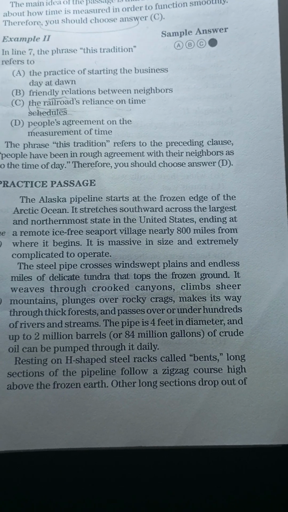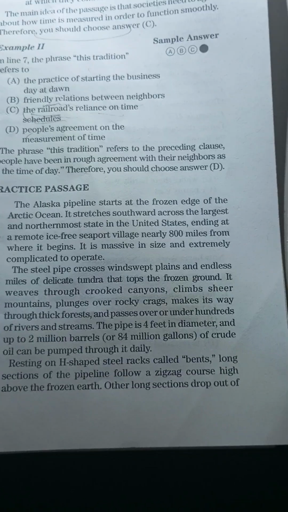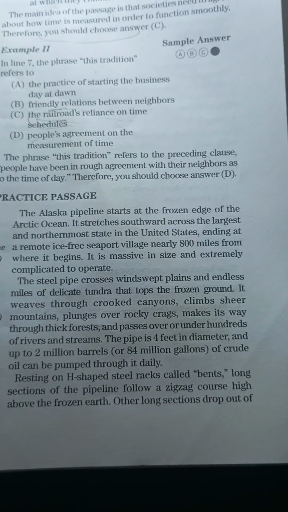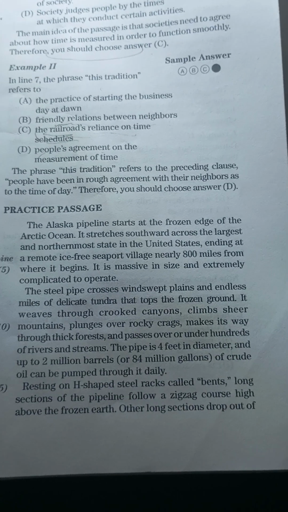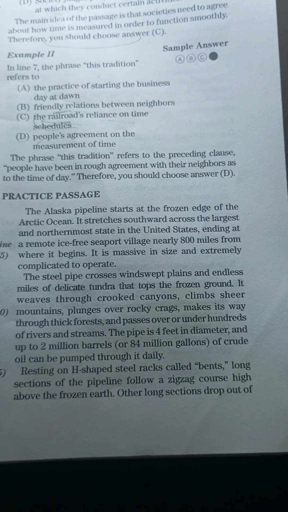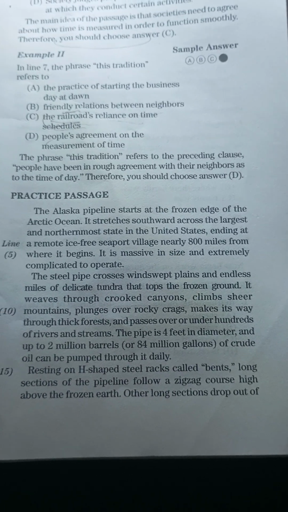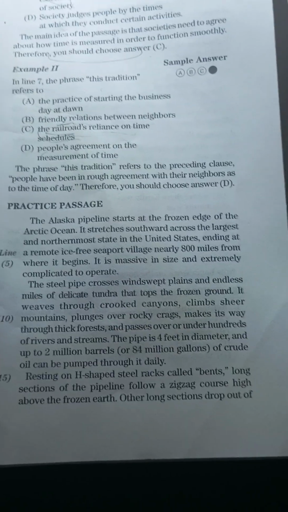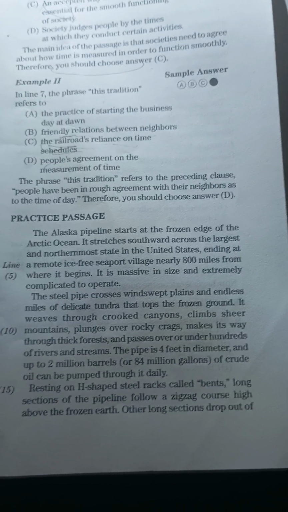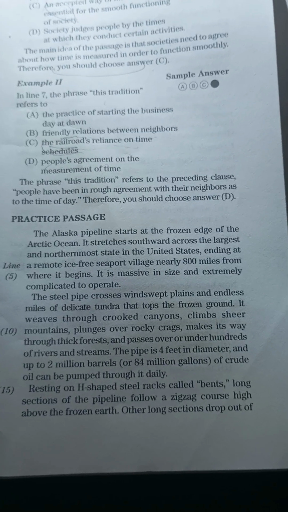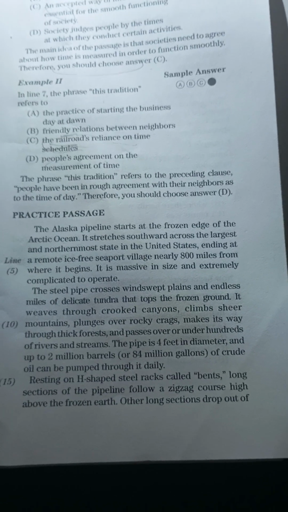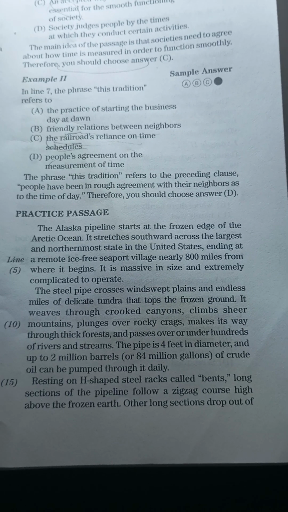It weaves through crooked canyons, climbs sheer mountains, plunges over rocky cracks, makes its way through thick forest, and passes over hundreds of rivers and streams. The pipe is 4 feet in diameter, and up to 10 million barrels, or 420 million gallons, of crude oil can be pumped through it daily.